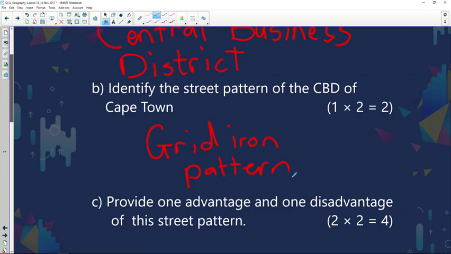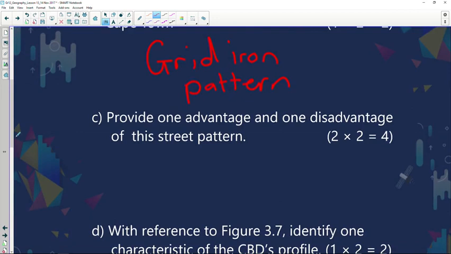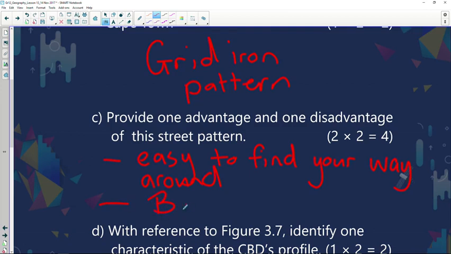Now provide one advantage and disadvantage of the street pattern. The advantage is it's easy to find your way around. So you won't get easily lost. And a disadvantage that we can mention, it's quite a boring street pattern.